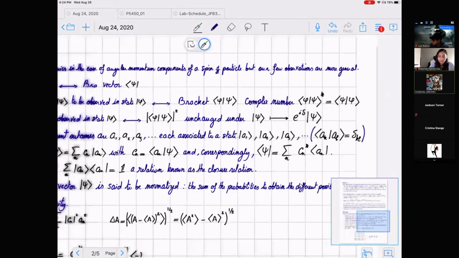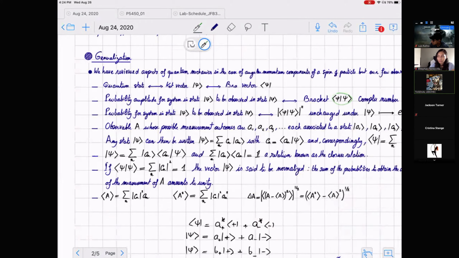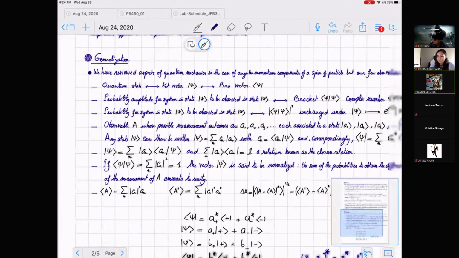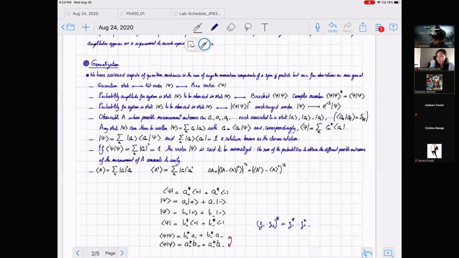And associated with this probability amplitude is a probability which is obtained by taking the magnitude square of the probability amplitude. And that probability amplitude is unchanged under the transformation from psi to psi multiplied by some phasor.